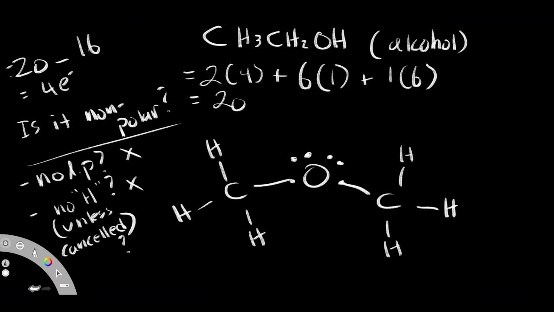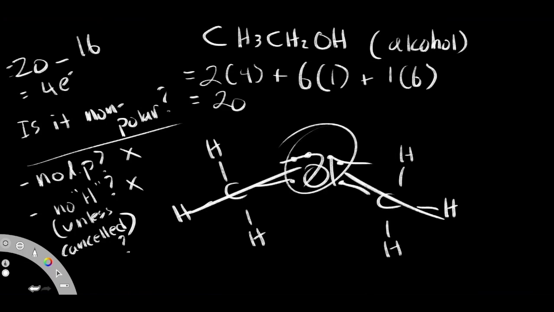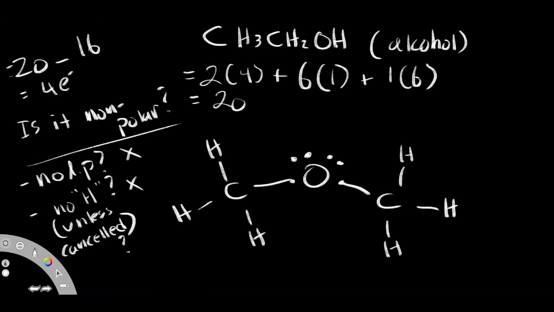Are they canceled? Yeah. This one and this one cancel out. This one and this one cancel out. And technically this one and this one also cancels out, because if you were to extrapolate it, that goes in that direction, this goes in that direction. It's a net vector. They cancel out. So they do cancel. So unless canceled, yes.